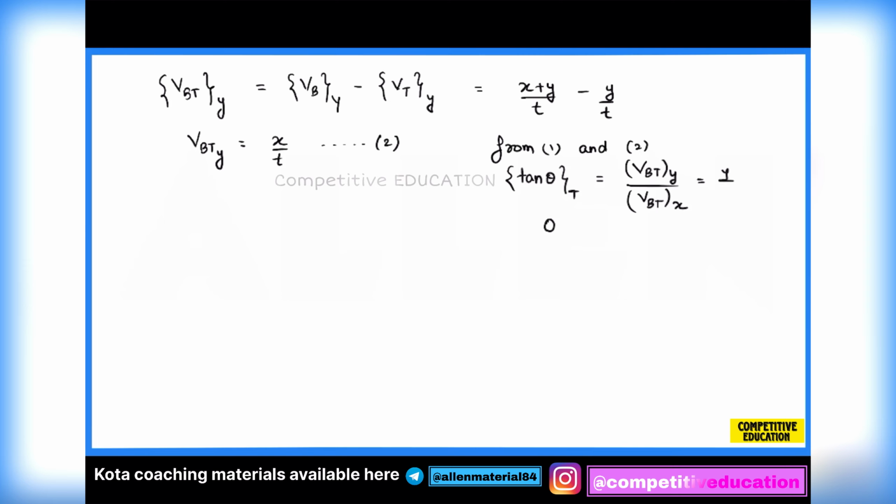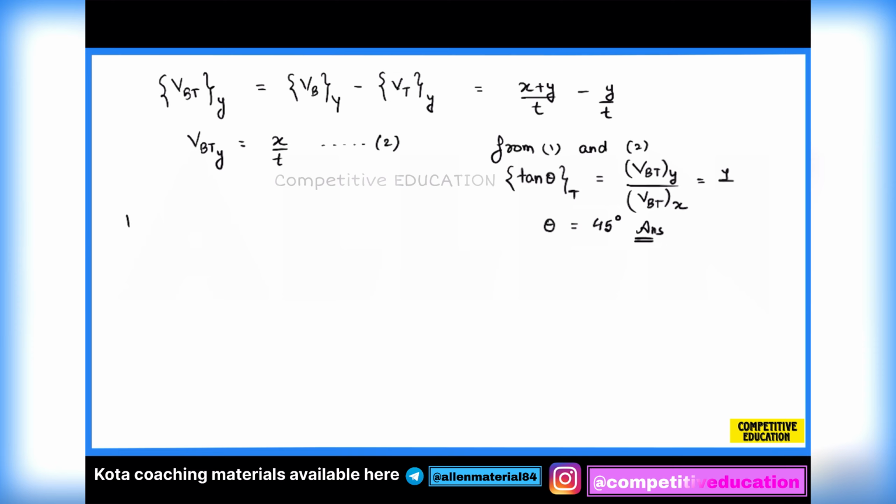So theta will come out to be 45 degrees. This will be my answer to the first part. This will be the angle, as observed from the trolley, of the velocity vector of the ball with the x-axis.